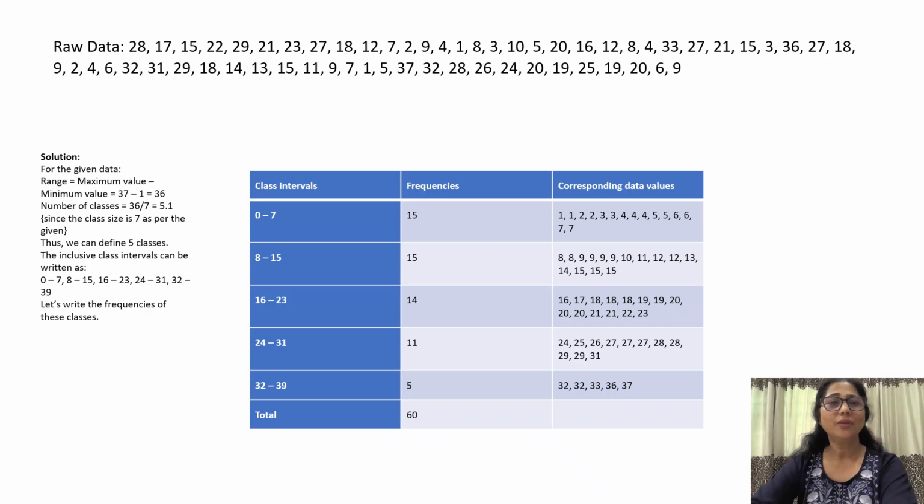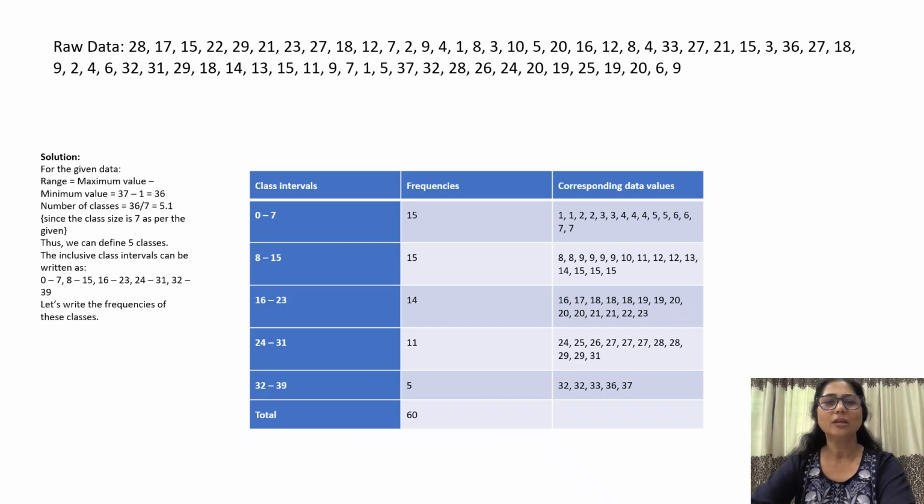Like before, first of all we compute the range, then the number of classes. We identify that the class interval I is equal to 7, so we can easily calculate the number of classes: 36 upon 7 is 5.1, almost 5 classes.